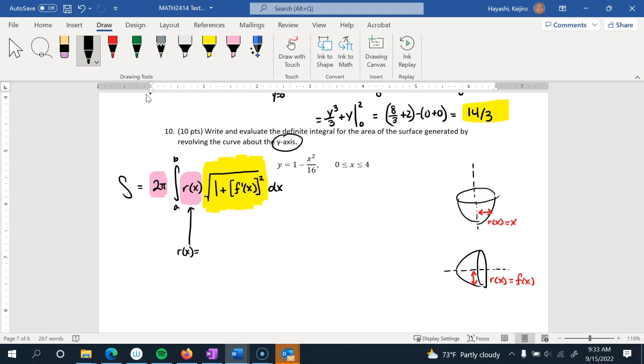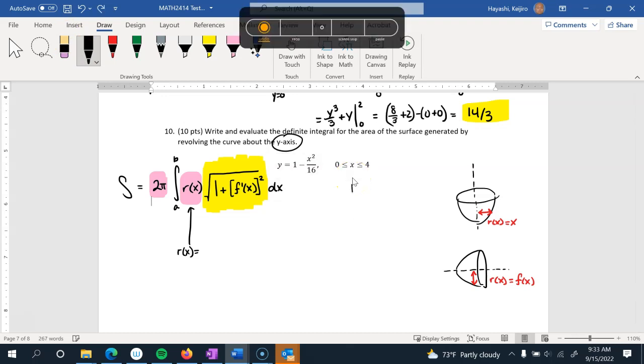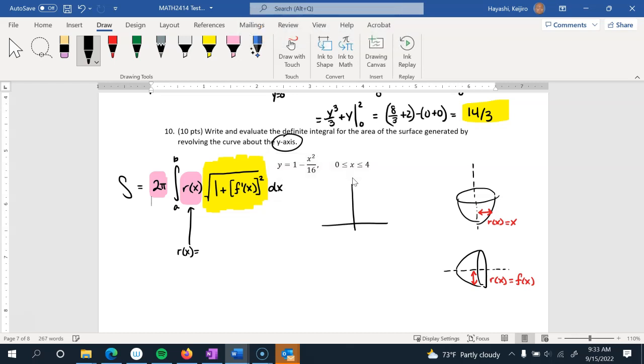Okay, around the y-axis, that's a vertical axis, so in fact, you can actually draw this out. You don't have to, though. Minus y equals, okay, so y equals x is 0, minus 1, okay.